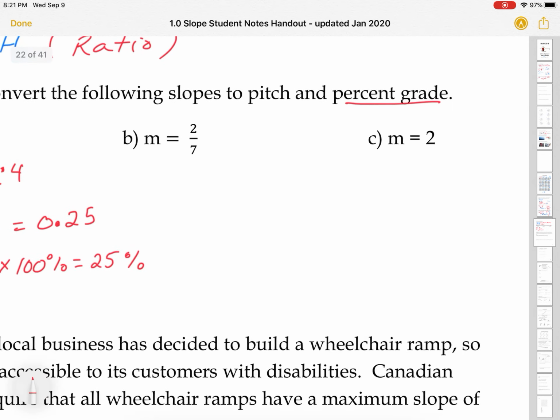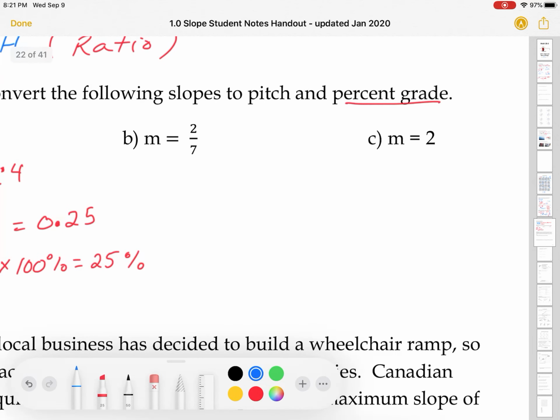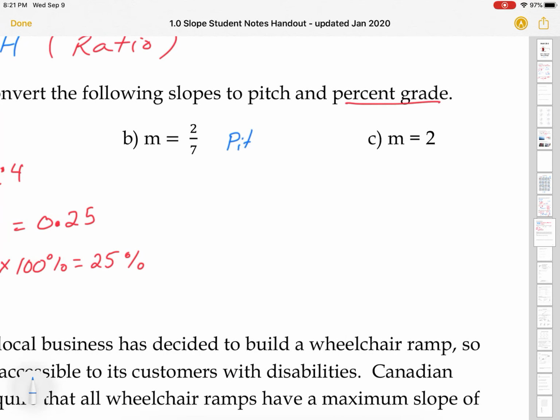Okay, the next one, and I'll give myself a little more room. For pitch, it's a ratio. So it will be 2 to 7. For grade, I have my fraction, 2 over 7, and I divide.